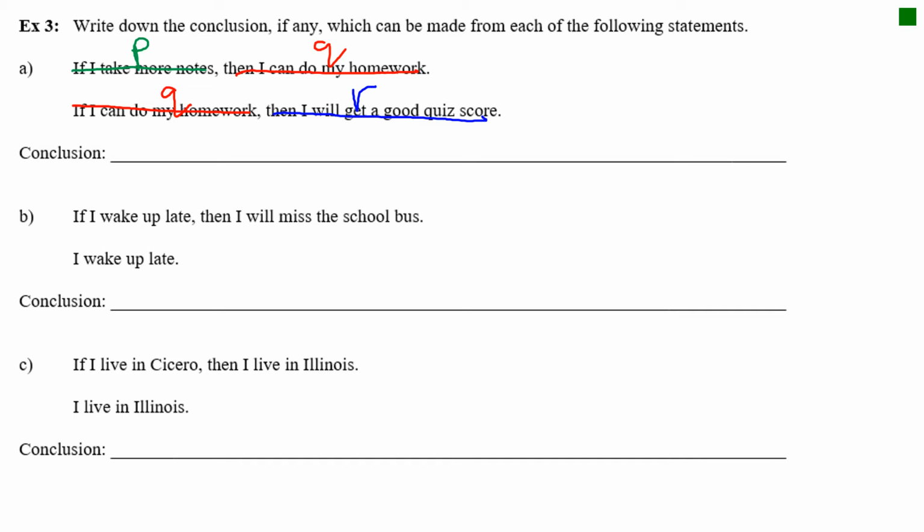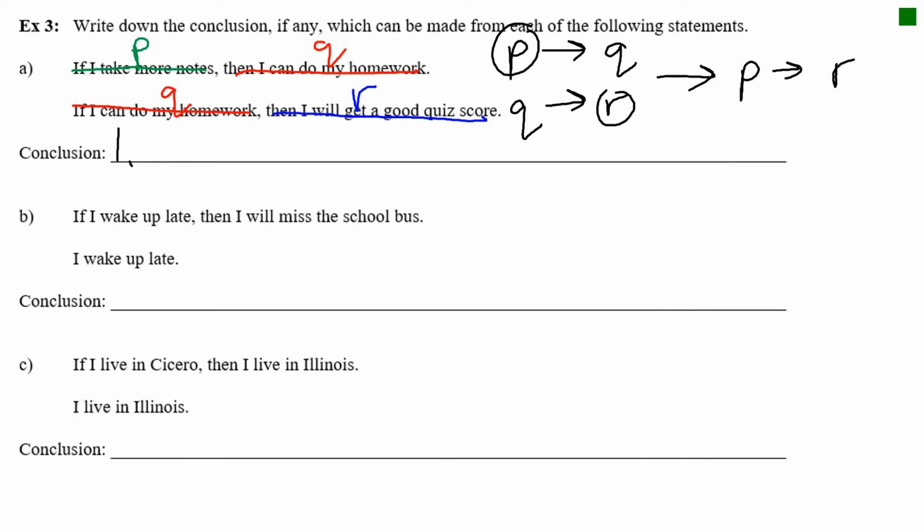So this is basically saying, I started with P, P led to Q. Now that I'm at Q, that led to R. So I'm interested in where did I start, P, and eventually where did that lead me to, R. So I should then write, if P, then R. Okay, so if I take more notes, ultimately what will happen is that I will get a good quiz score.